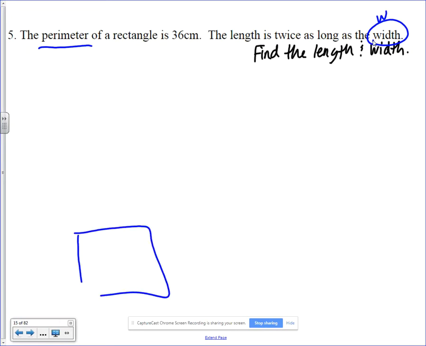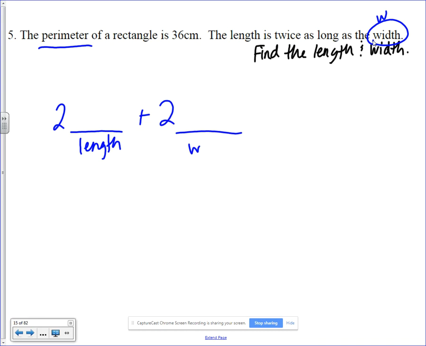This is a rectangle, right, folks? Aren't these both lengths? And these are both widths? Are you guys following me or not? Okay. So I have 2 lengths and I have 2 widths. If I add them together, that'll give me the perimeter. So I need 2, and I need to put my lengths here, and I need 2 widths, and then that'll equal the perimeter.